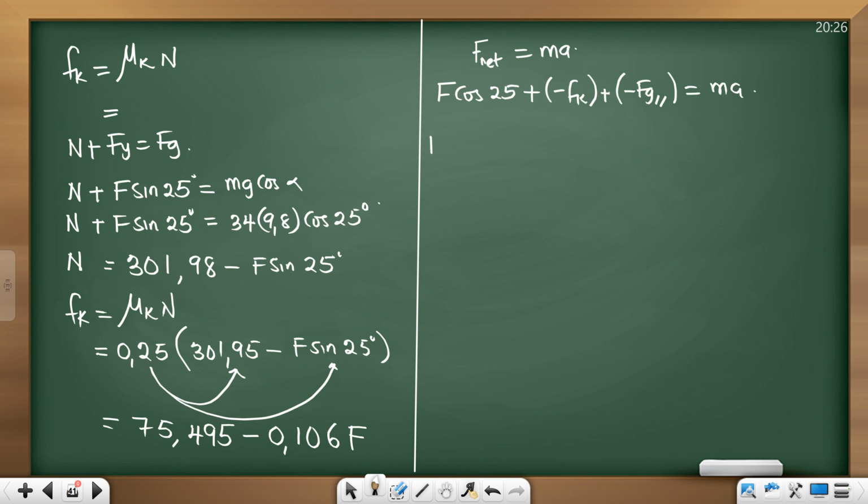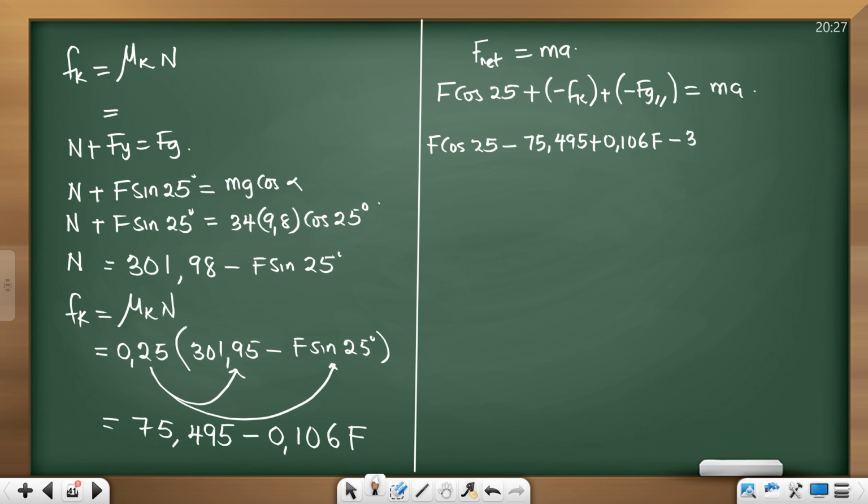Let's substitute. F cos 25 minus, if I bring this friction in, I'm multiplying everything by negative, right? So what would it give me? Please watch the maths now. 495 plus. I hope you understand where I'm getting my plus from, because it's minus open brackets. Plus or minus mg sine.